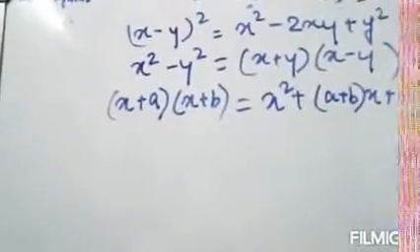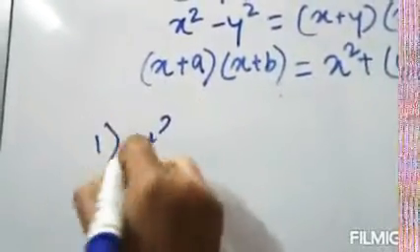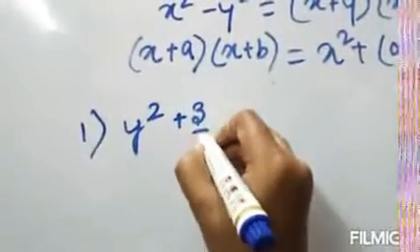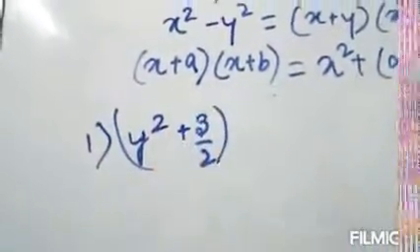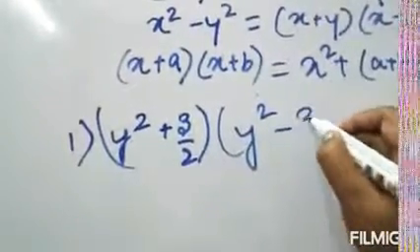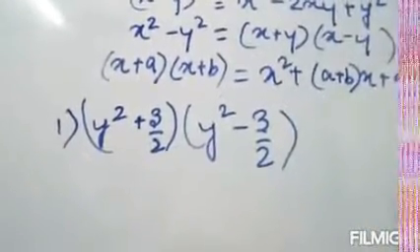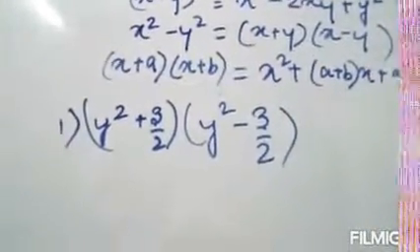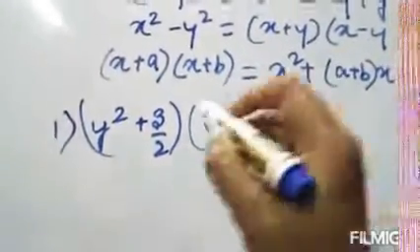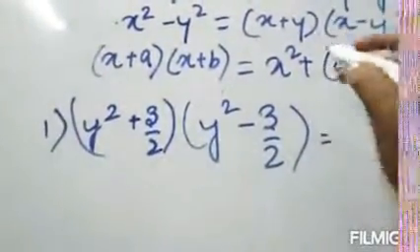Now suppose you are given one question: y square plus 3 by 2 into y square minus 3 by 2. Suppose this is there. You might be thinking, what can it be? Answer, you will be multiplying it. No need to do all these things. You will directly use this identity. So your answer will become this.